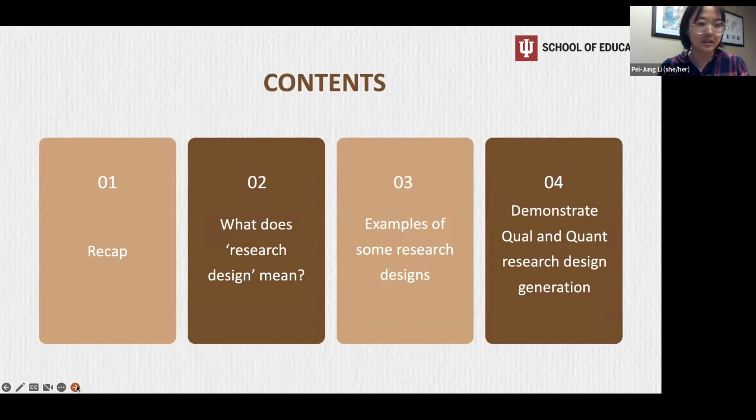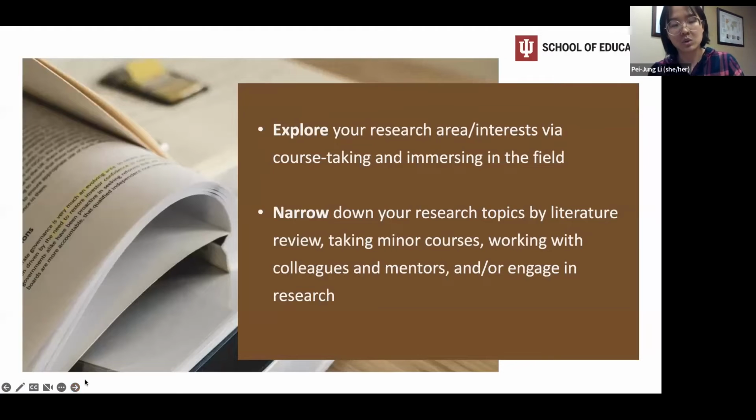And then the last workshop helps people find a practical way to narrow down and generate a research question. So we are going to do a recap, and then later on, we will do a very broad introduction of what research design means, and later we'll provide some concrete examples.